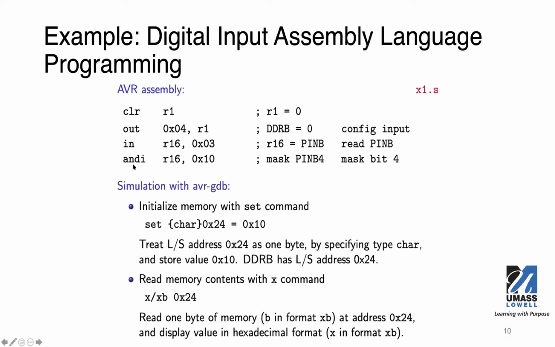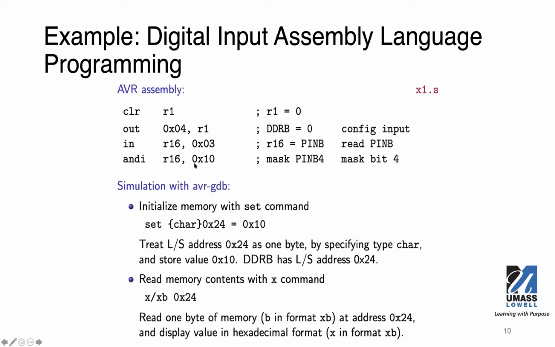Now the next instruction is the AND instruction. You're doing a logic bitwise AND operation between R16 and this hexadecimal value 10. Hexadecimal value 10 has a 1 on bit number 4, and all the other bits are zeros.